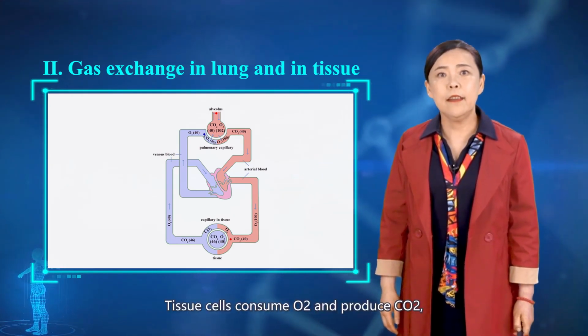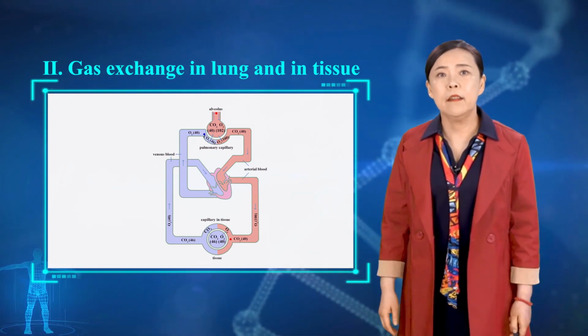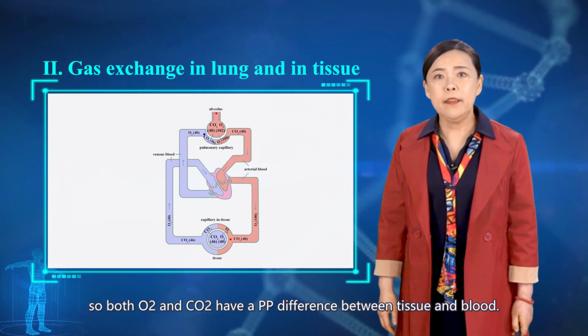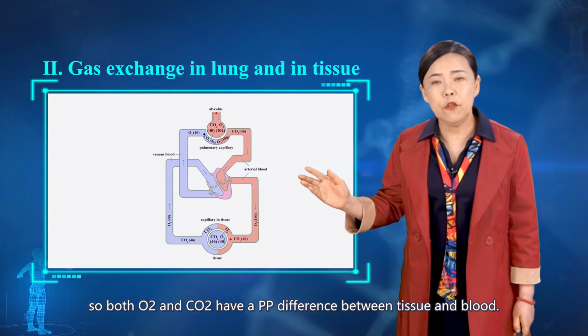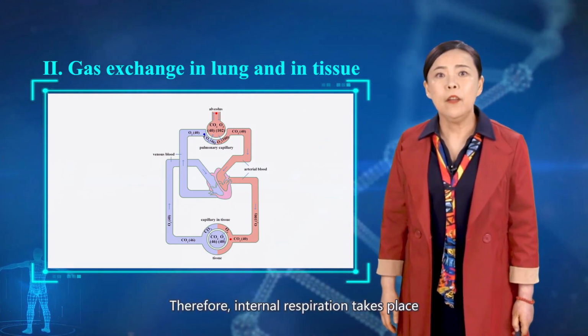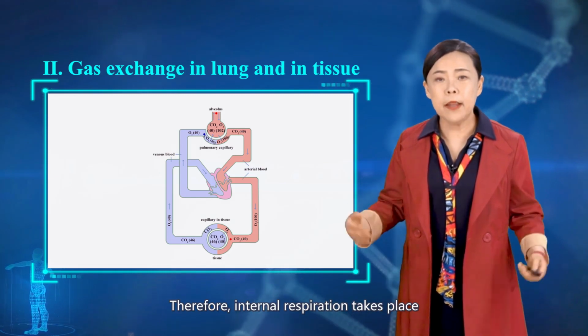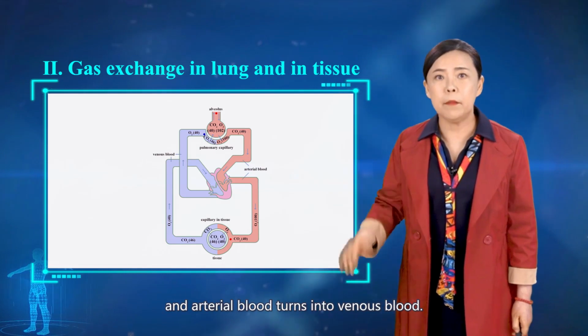Tissue cells consume oxygen and produce carbon dioxide. So both oxygen and carbon dioxide have a partial pressure difference between tissue and blood. Therefore, internal respiration takes place, and arterial blood turns into venous blood.